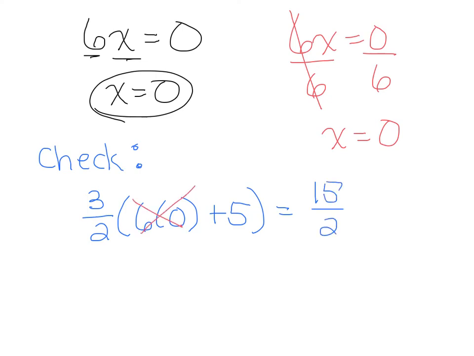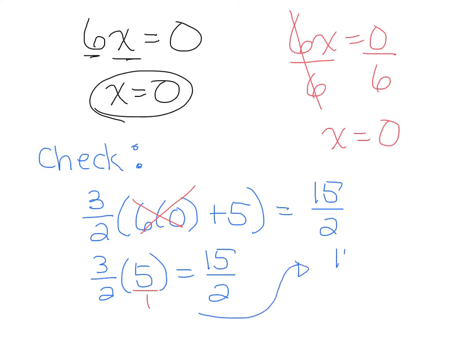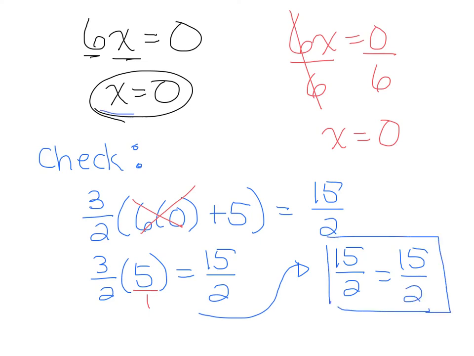This will go away completely, 6 times 0, leaving us with 3 halves times 5, and we can write that 5 as 5 over 1. So yes, this is true. Our answer checks out. So my answer is x equals 0.